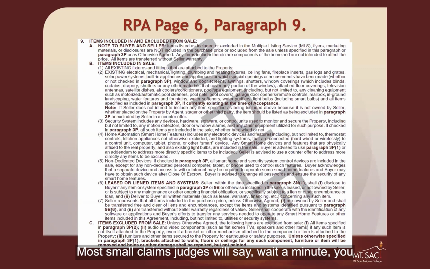Most small claims judges will say, wait a minute, you made a representation in the MLS that this buyer is going to get the washer, dryer, and refrigerator. You're buying them a washer, dryer, and refrigerator. And they may make that finding against both agents and the seller, because California is a joint and several liability state, which means you may only be 1/3 liable, but you can be 100% responsible.